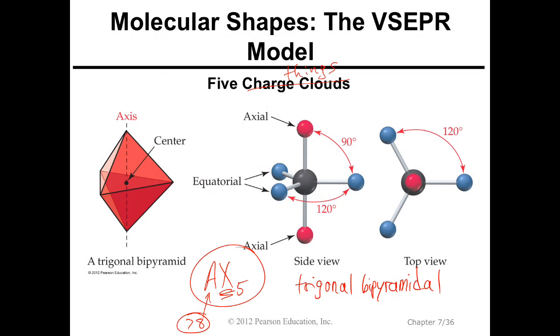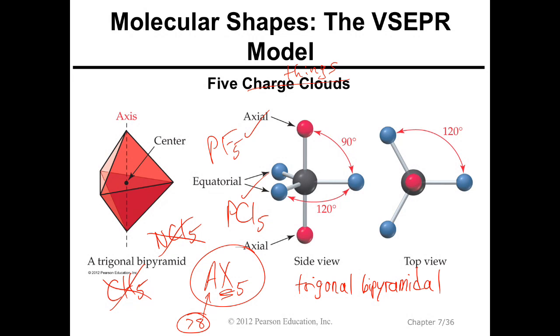So things like phosphorus, PCl5, are fine, but you'll never see carbon. You won't have a CH5, or an NCl5, that won't exist. But PCl5 and PF5 are all fine.